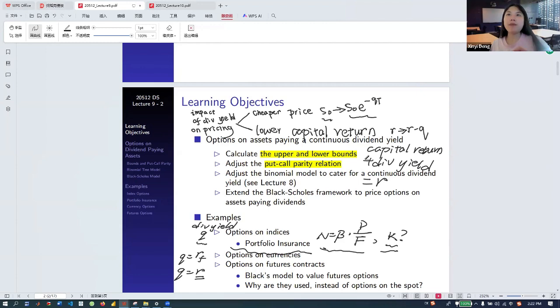So with the previous scenario, we have dividend yield equal to 0, right?